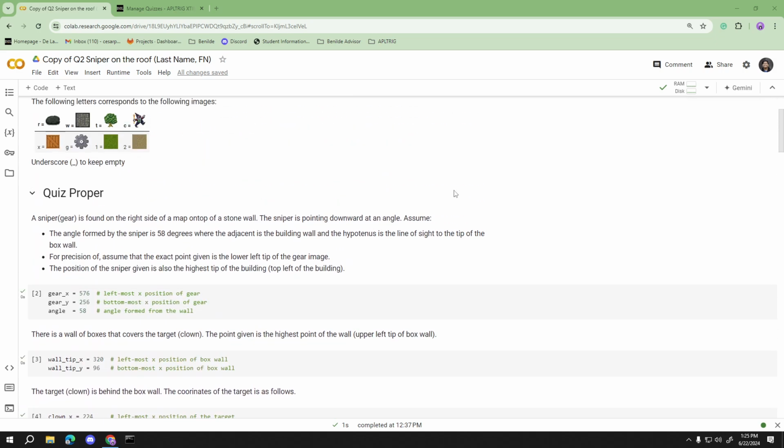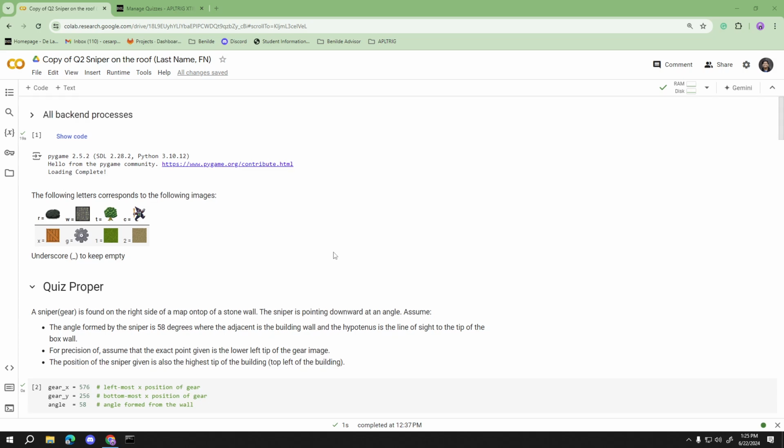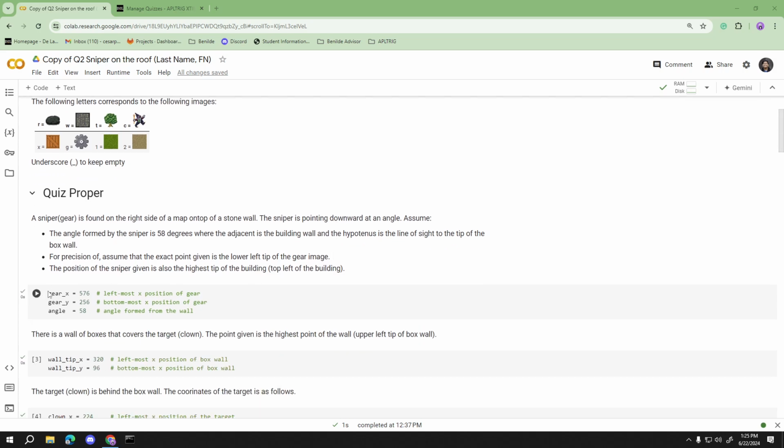We will go on to the box wall later on. For precision, assume that the exact point given is the lower left of the gear image, and the position of the sniper given is also the highest step of the building, which is the top left of the building. So we have some numbers here.